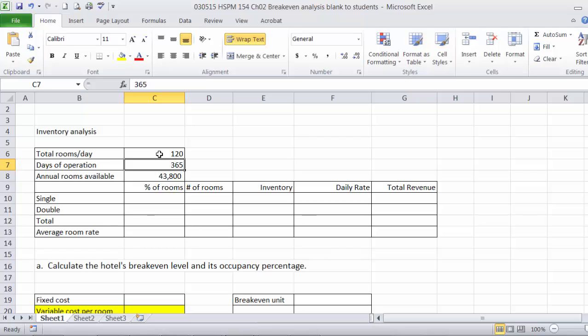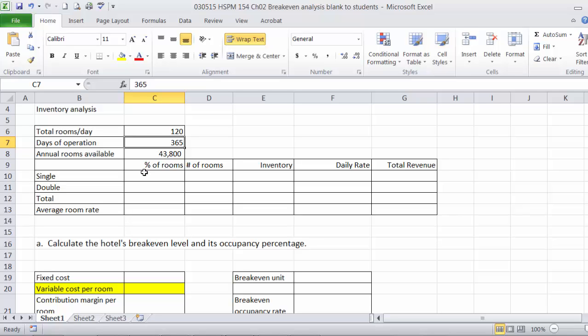Okay, so let's go back to the 120 rooms we have here. All right. So the room configurations. How many single, how many double do we have? All right. So we have 40% single and how many doubles? That's 60%.